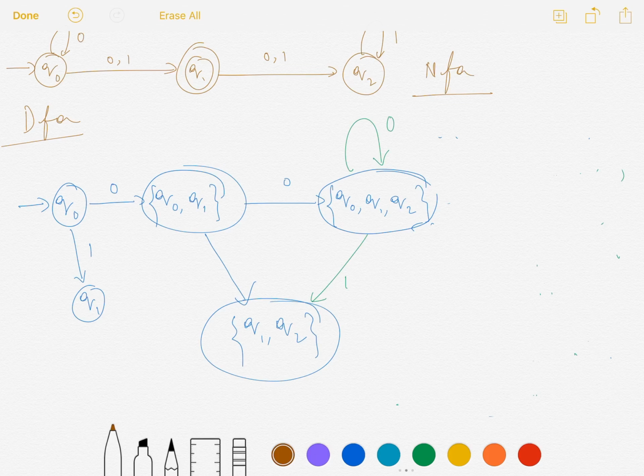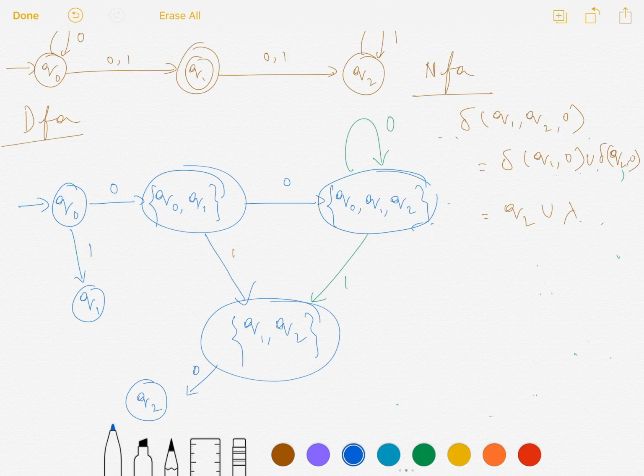For delta Q1 Q2 on 0: delta Q1 0 is Q2, union delta Q2 0, which is not mentioned. So if I give 0 to Q1 Q2, it is going to a new state, that is Q2.